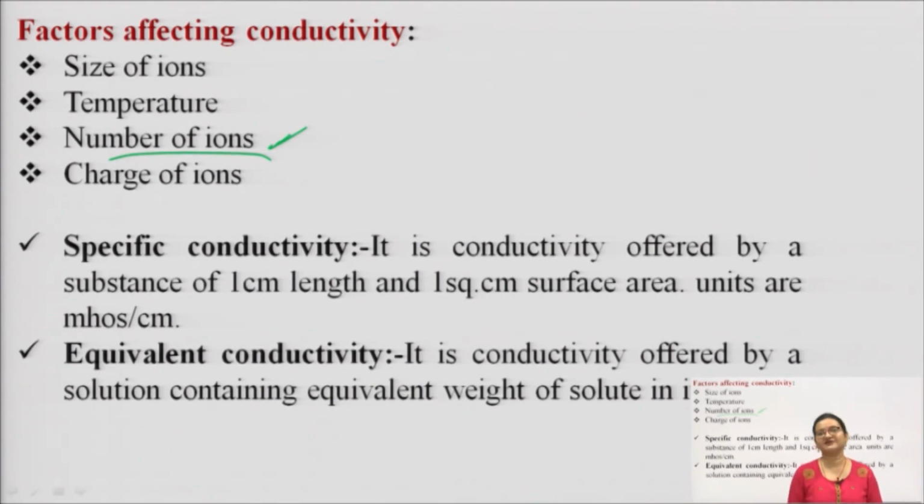If the current generated changes, the number of charged ions of the analyte definitely changes, and this is the principle behind conductivity measurement. This is the main fundamental which we will use behind the estimation of concentration of different analytical solutions with the help of determination of generated current in a solution.